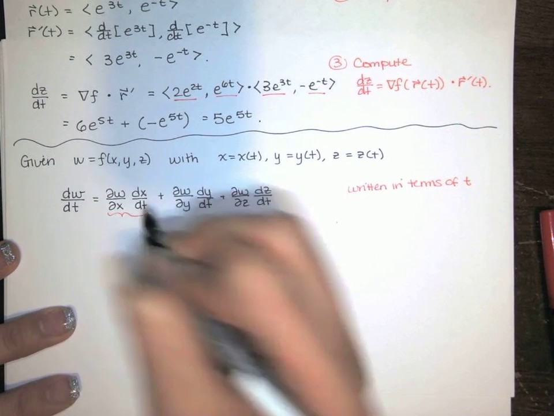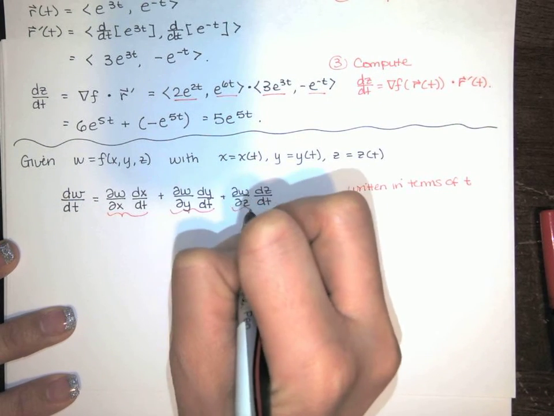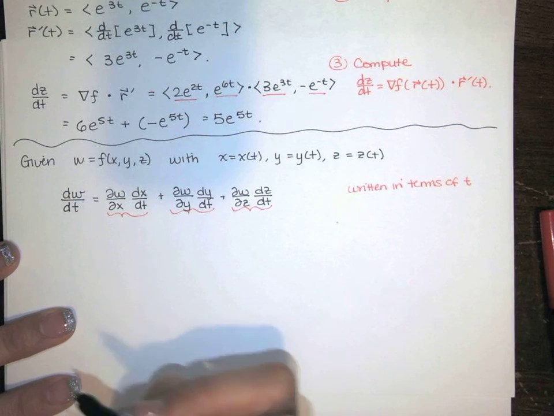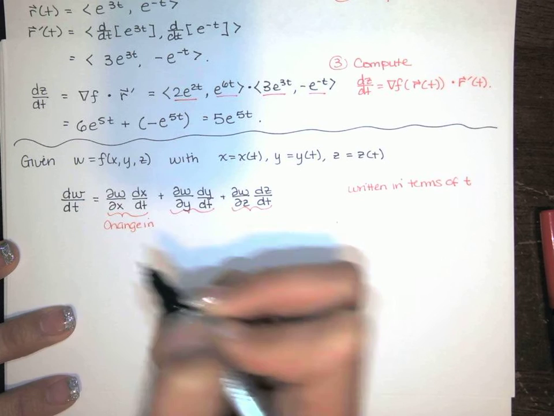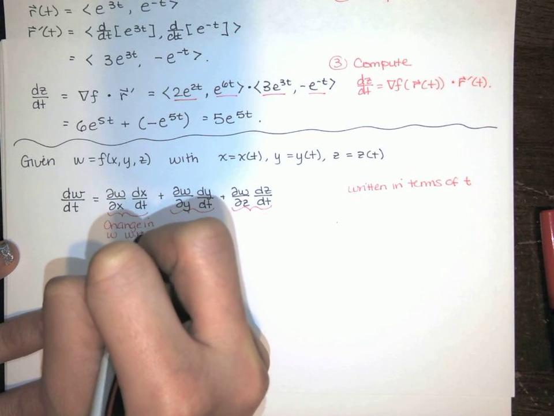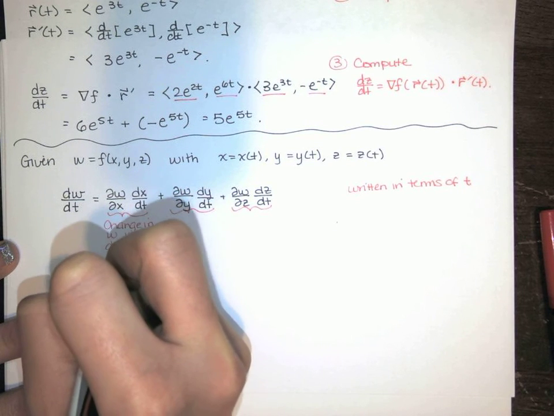And this is very similar. We can interpret each of these terms the same way that we did on the last one. This is the change in w with respect to t due to changes in x.